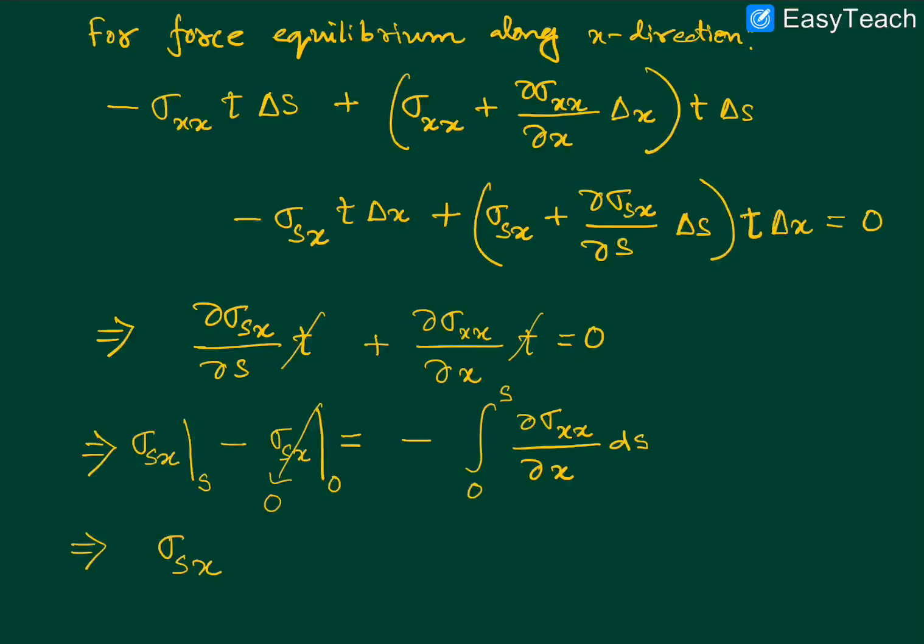We are not going to write this vertical line with a subscript s to denote that this is sigma sx evaluated at any s. Rather we'll just keep it simply like this, with the understanding that the left hand side term is evaluated at some generic S, and the right hand term will remain exactly as it is.